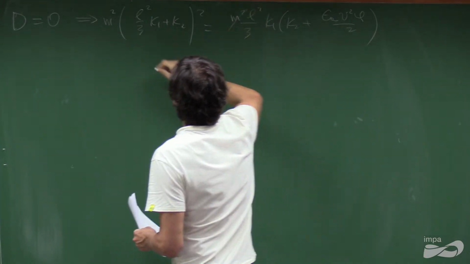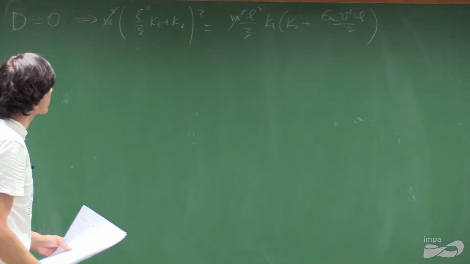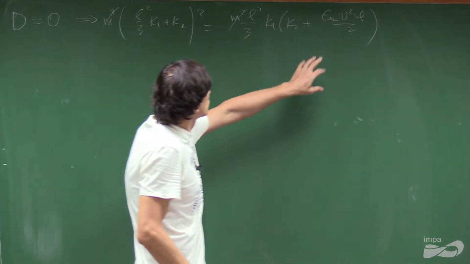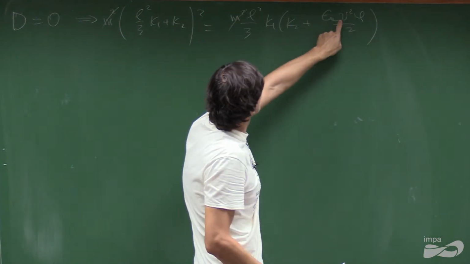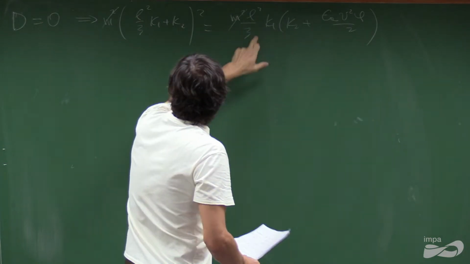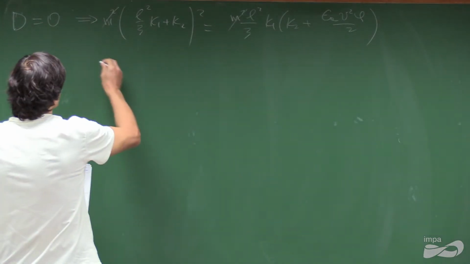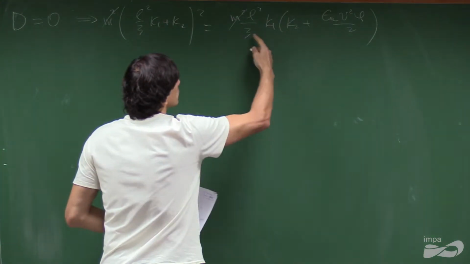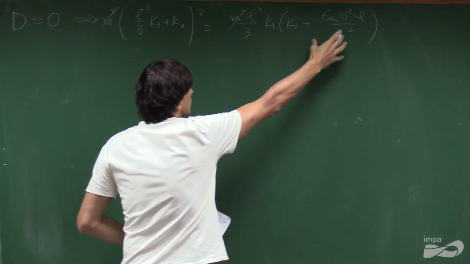So mass can cancel, and then you express, we need to find V, so we just take this term. So we divide everything by this value, and then put K2. So let's express this term.